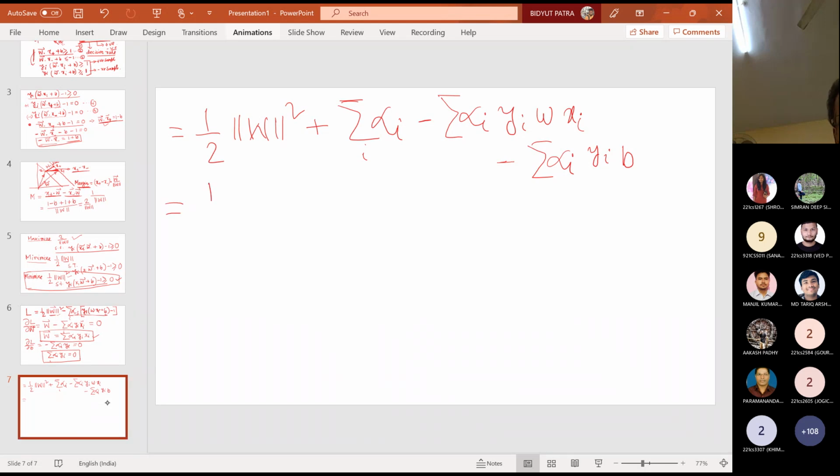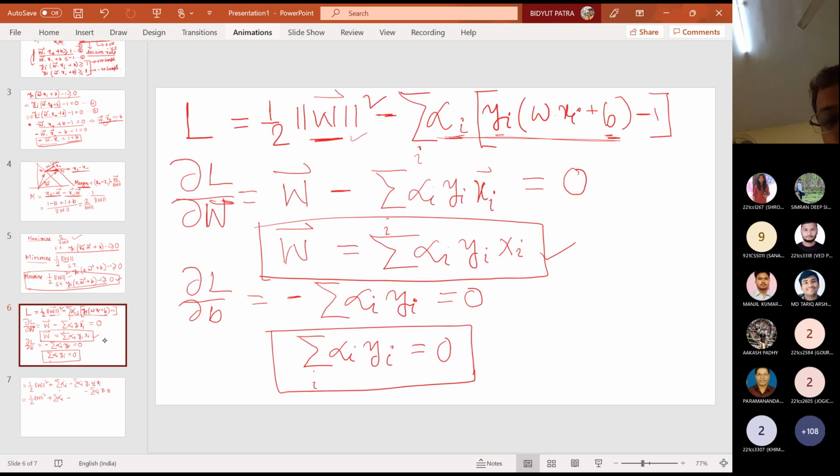So here half of w square plus summation of alpha I minus alpha yi w. So we know that in the previous equation w equals summation alpha yi xi.